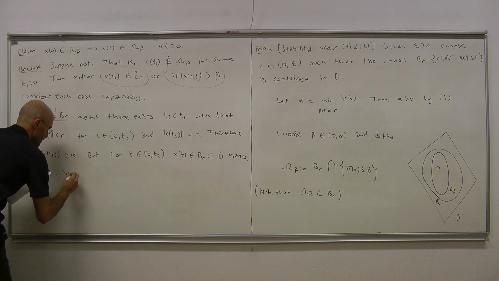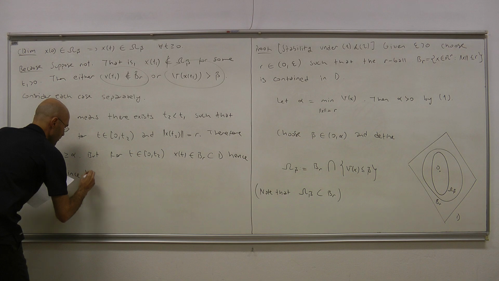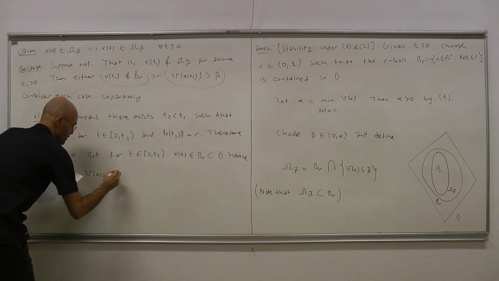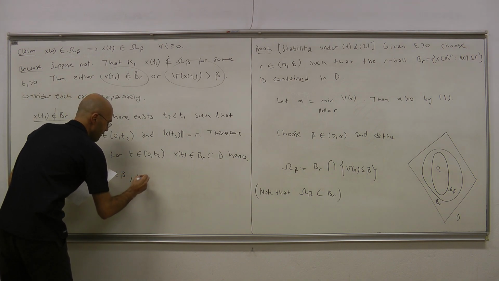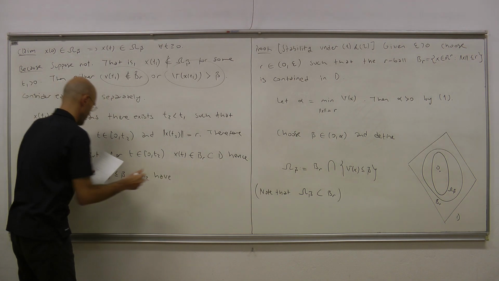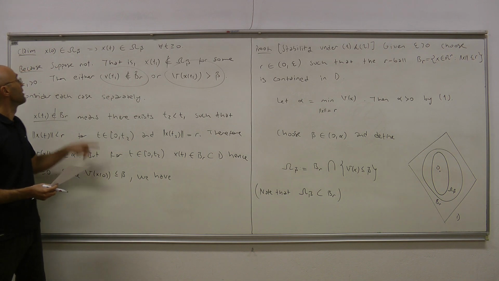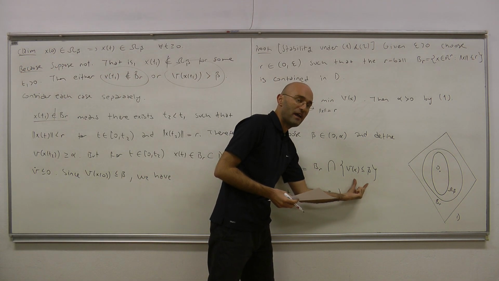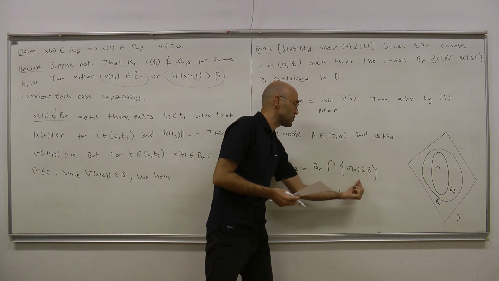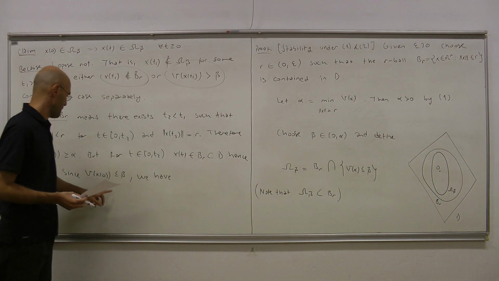Now, since V of x(0) is less than or equal to beta, we have what? The initial condition starts in omega beta. Omega beta is a subset of {V(x) less than or equal to beta}. Therefore, initial V of x0 must be less than or equal to beta.